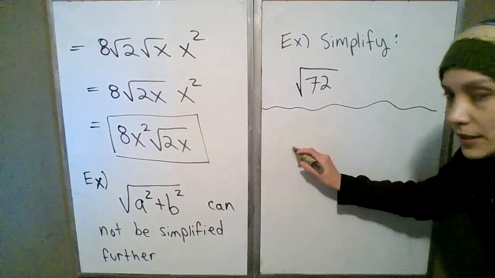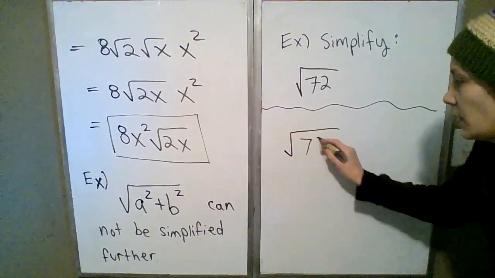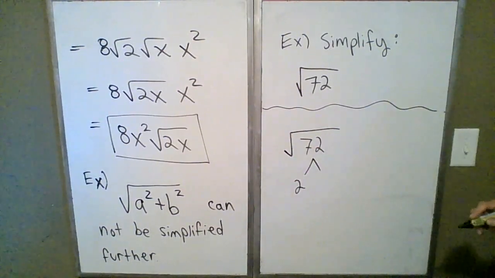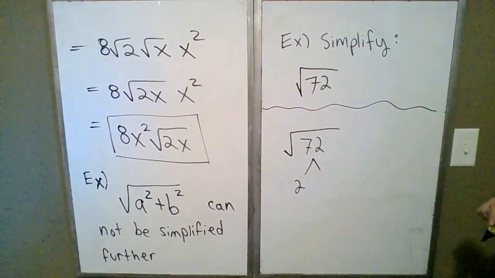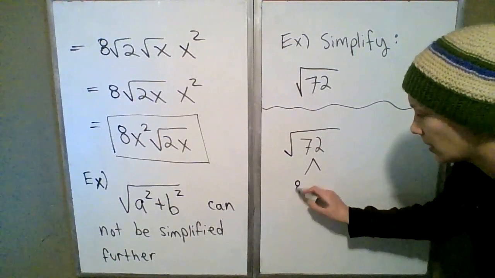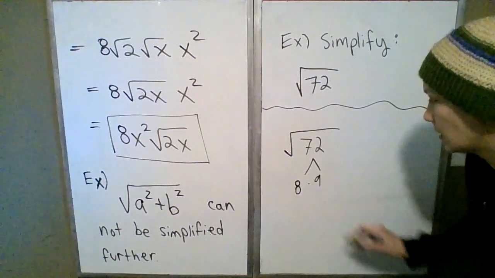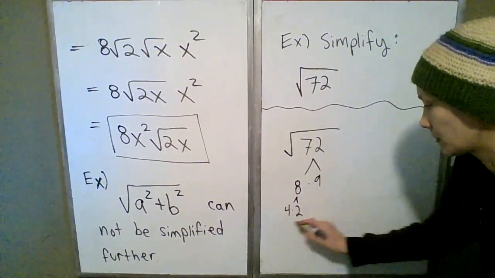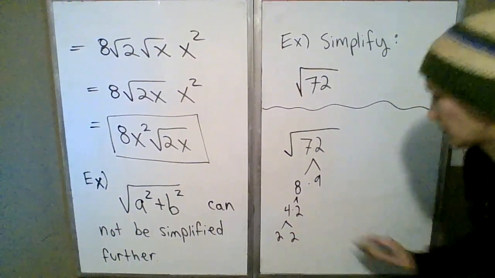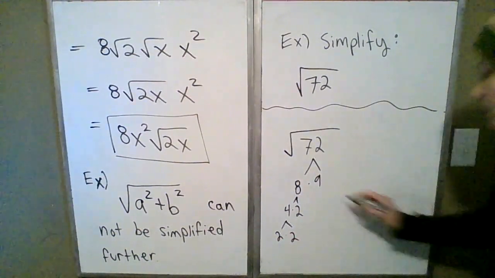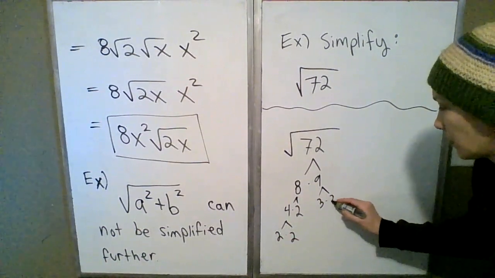So I would start to factor that. 72 is even, so it's 2 times something. Actually, I wrote it as 8 times 9. And then factor 8.